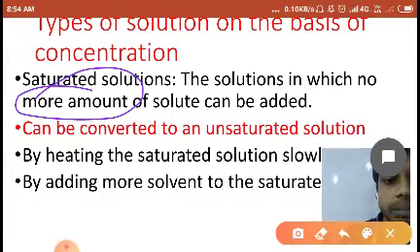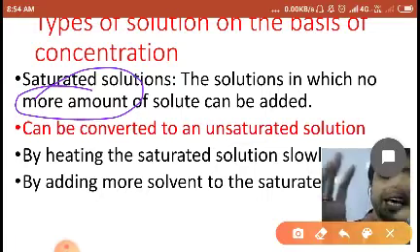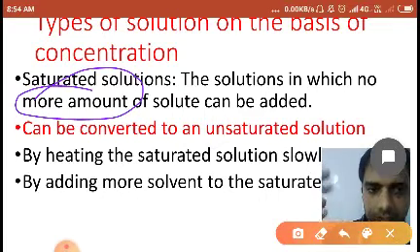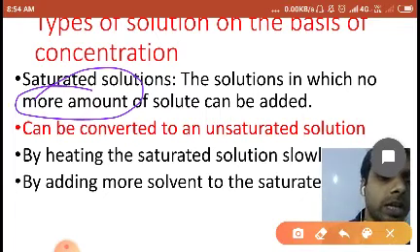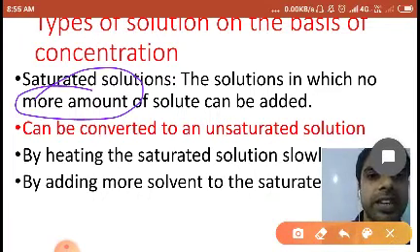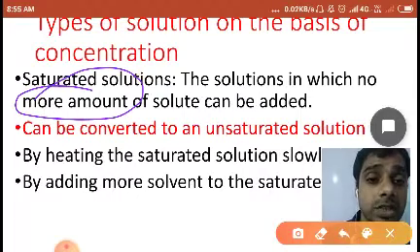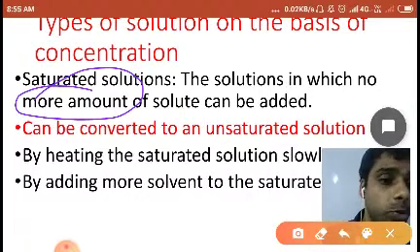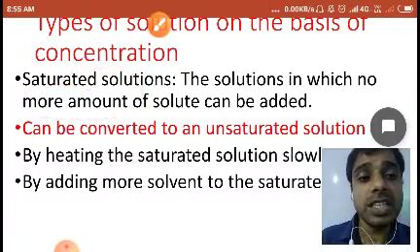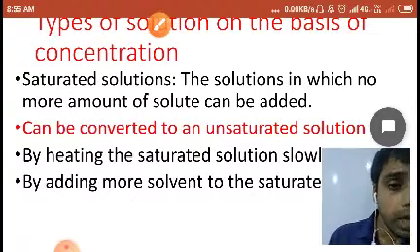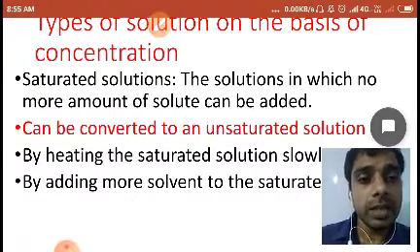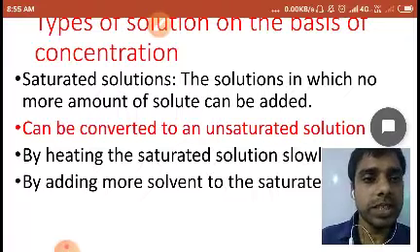Take a solution, meaning solute plus water, apply heating, it will allow more solute to be added, then stop giving heat. What will you find? You will find that the concentration of solute is more. That solute will remain dissolved in the supersaturated solution. So that condition, where solute is more, is a supersaturated solution.